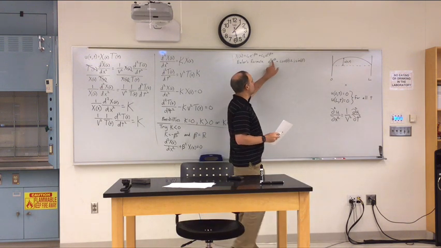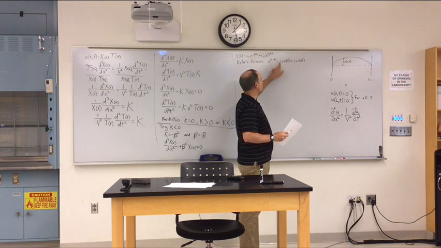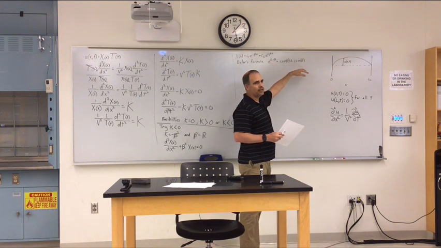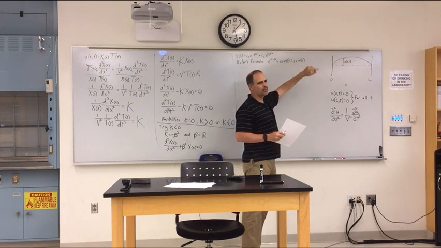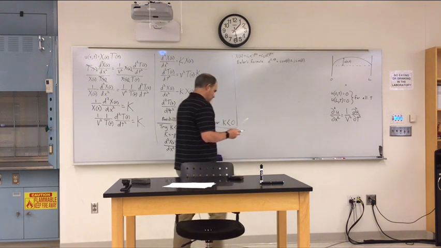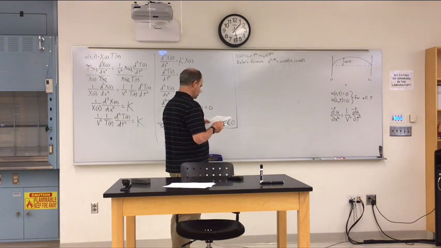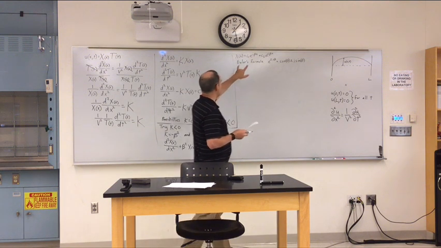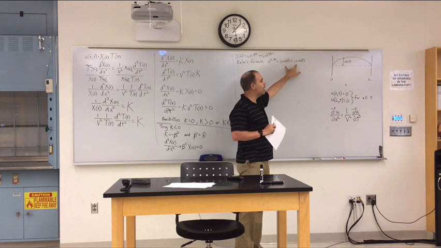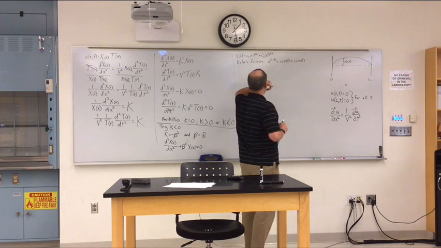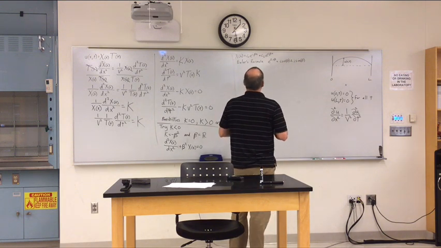So if it's e to the plus i theta, then it's cosine theta plus i sine theta, and if it's e to the minus i theta, then it's cosine of theta minus i sine theta. So we can take our function that we had before and switch it into sines and cosines. There's a reason for it. It might not seem intuitive now, but we're going to do it.